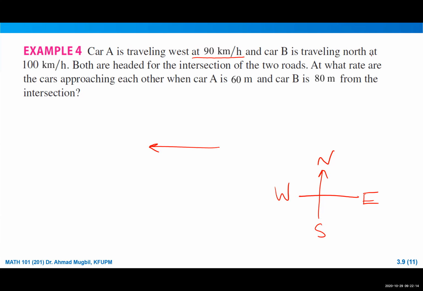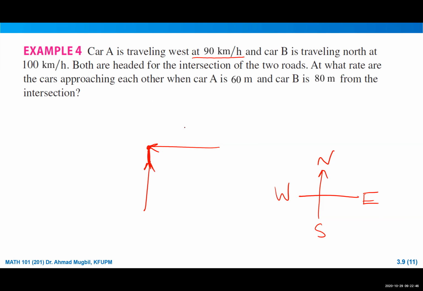And car B is traveling north, so it will travel in this direction. Both cars are headed for the intersection of the two routes, so they will meet each other. So they will go this way, and there will be an intersection point between them at the end.